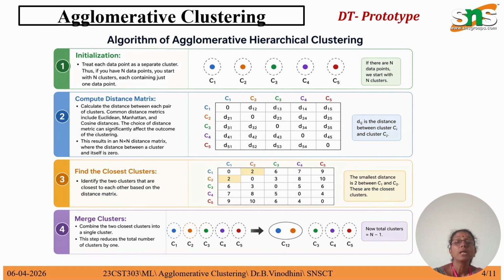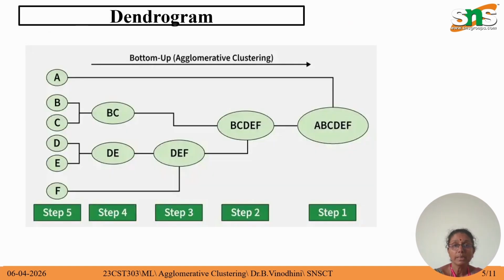Here, C1 and C2 are closest, so we merge C1 and C2 into one cluster in the next step. This process is repeated until we get only one cluster. This is the process of agglomerative clustering.